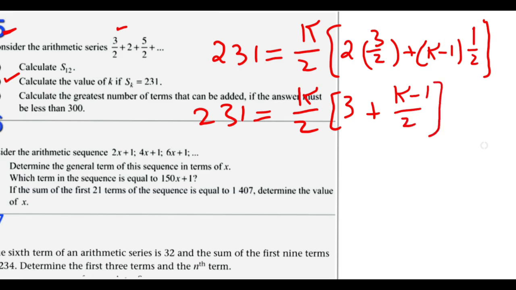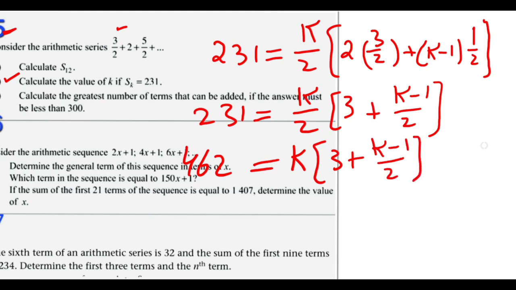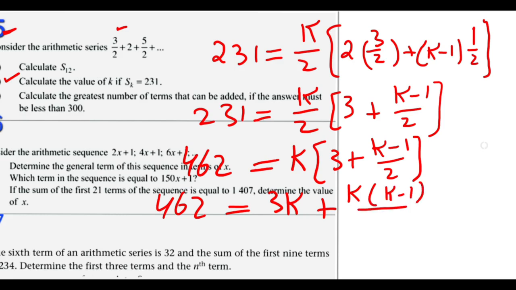Now we're going to solve the equation for k. Multiply both sides by 2 to clear the fraction. So this is going to be 462, and only left k times (3 plus (k minus 1)/2). Now we multiply k inside, so it becomes 3k plus k times (k minus 1)/2.